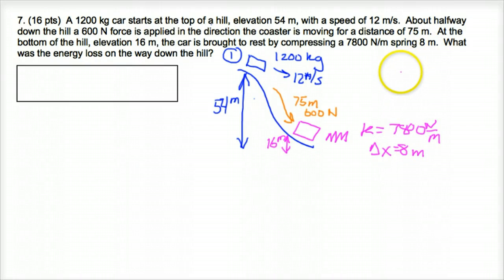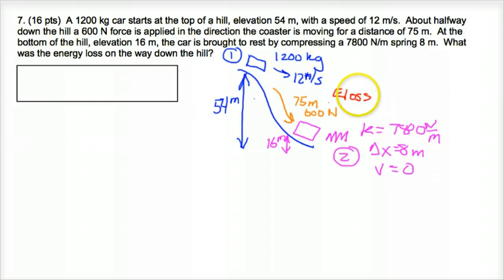Okay, so a lot of information in here. The state that we're looking at, state 2 here, is where it's already stopped. So the spring is compressed, the velocity is 0. We're at this elevation. We have energy coming in, and we also have some sort of E loss happening during the run.